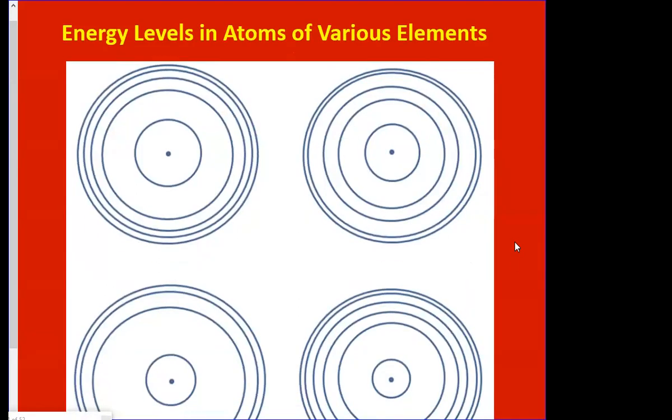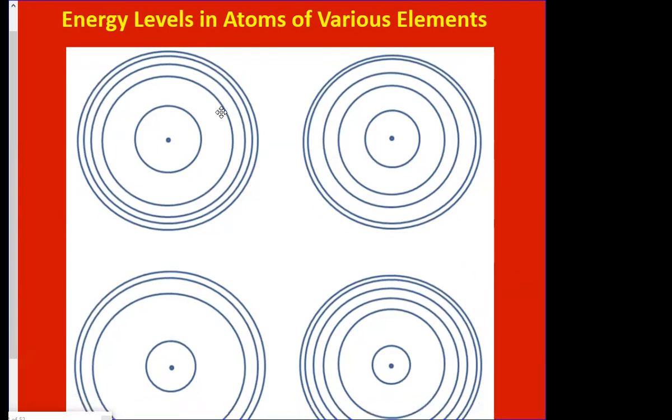So the big red slide, energy levels in atoms of different elements are uniquely spaced. So here you could see that this might be one element. This would be a different element. This would be a different element. And likewise, this last would be a uniquely different element.